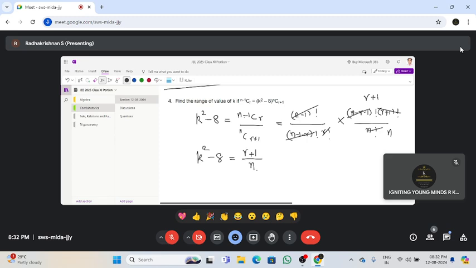R is always smaller than n in NCR. The maximum it can go is up to n. R cannot be more than n. So therefore you can take this as ranging from 0 to 1 only.